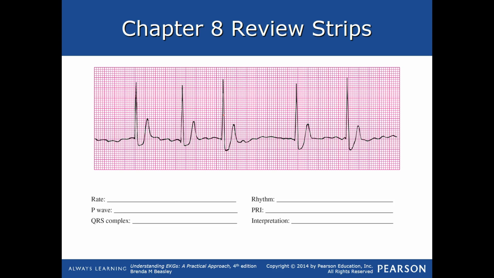Remember your atrial fib was your 3 rules: no discernible P waves, some fibrillatory waves present, and irregularly irregular. When we got into atrial flutter, you had your sawtooth waves or flutter waves, or was that picket fence or whatever?